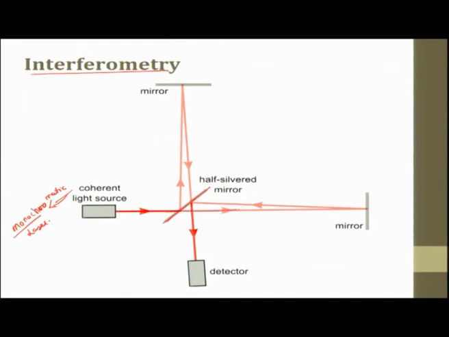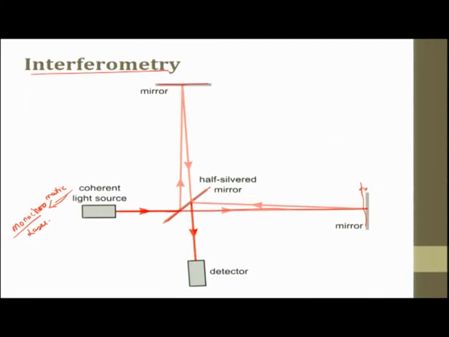One half goes in this direction, assuming there is a small change in angle, and then the light gets reflected back here. In the same way, at the beam splitter, at 90 degrees the light ray goes and hits a mirror which is exactly flat, and then it comes back.